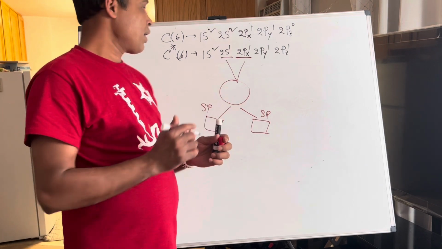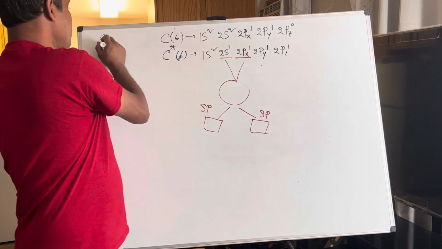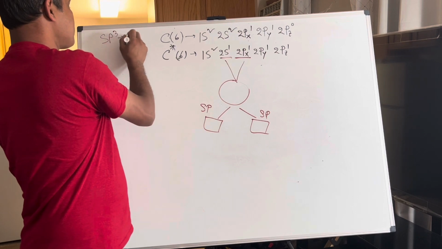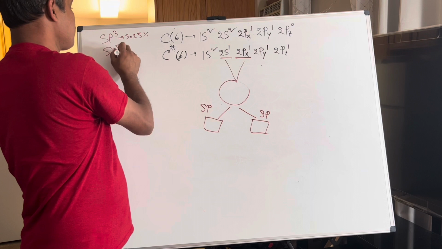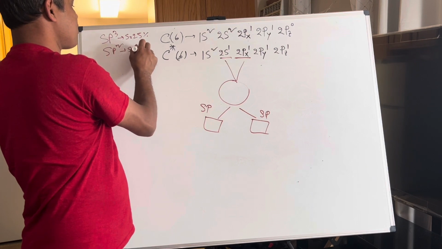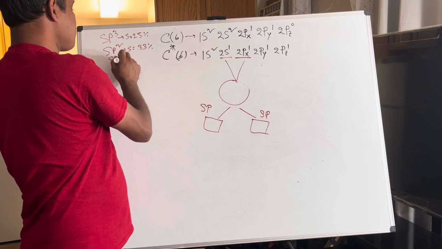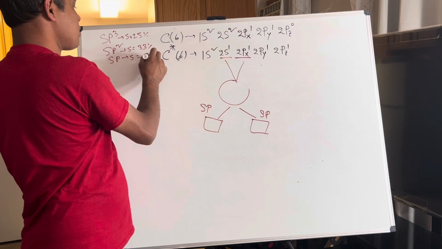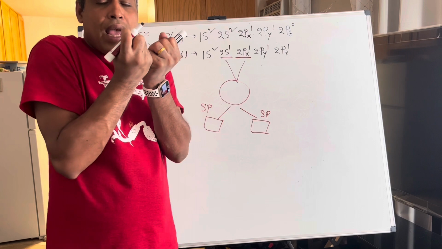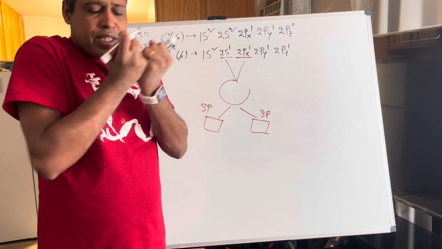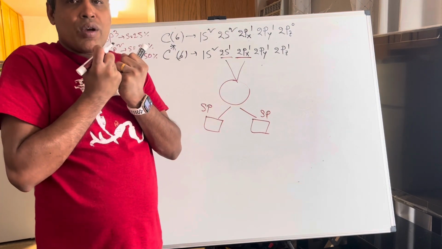So now think from sp3, where s character is 25%, and sp2 s character was 33%, and now for sp s character is 50%. As the s character increases, electrons have a tendency to stay closer to the nucleus.